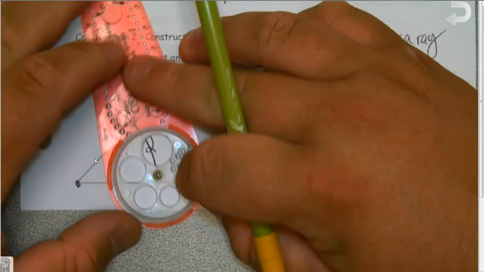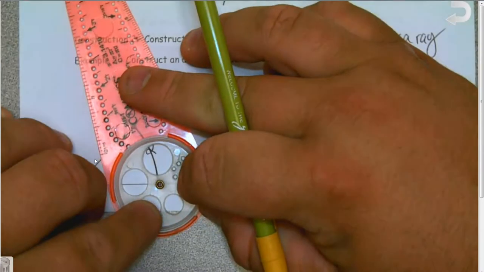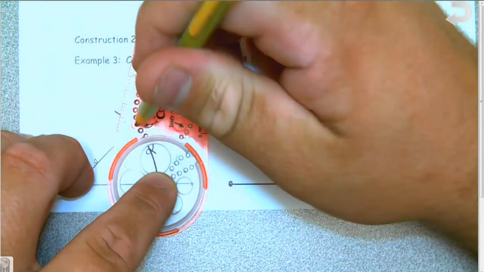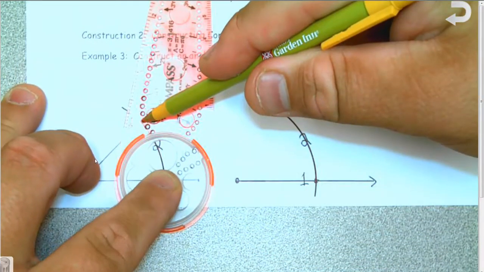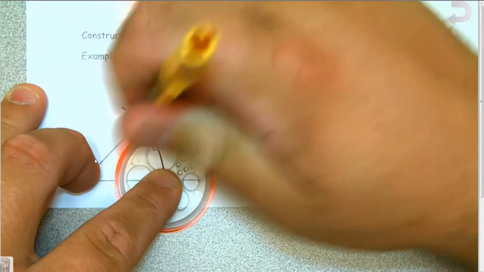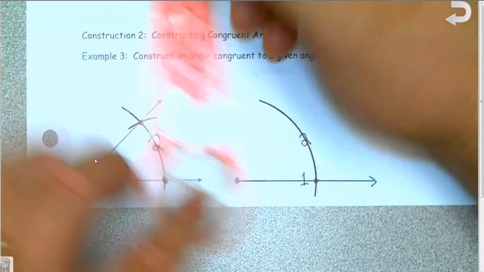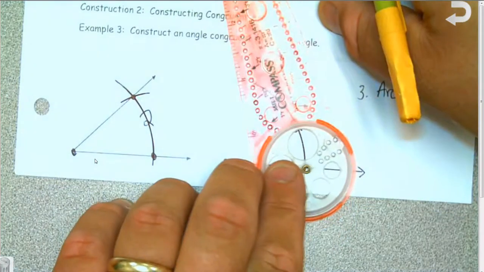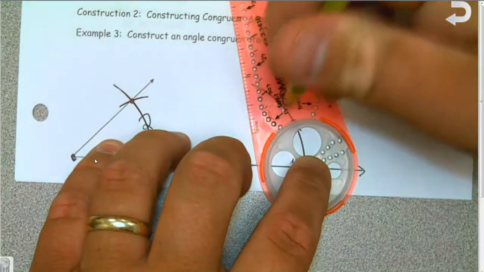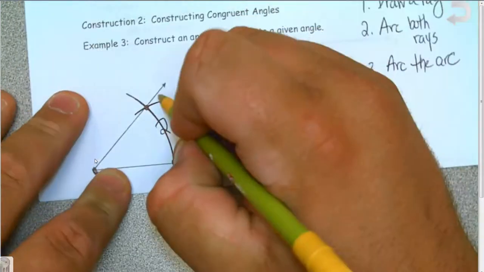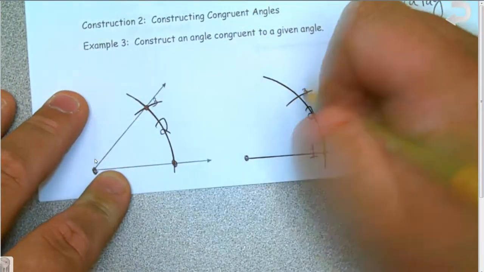So when I put my compass here, I want to find the crossover, and I found it right there. It's the point right after the 1 inch. So I'm going to come over here and do the same thing. And so this is the third thing that we did. We arc the arc.